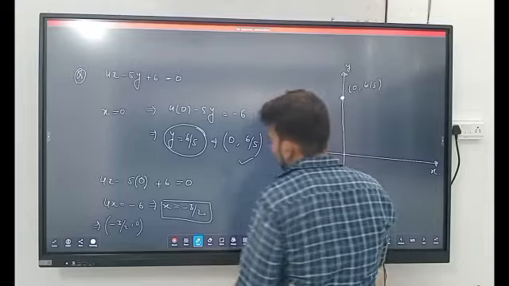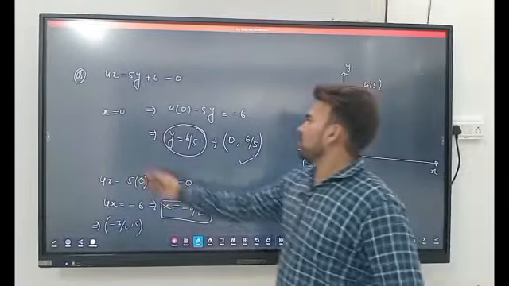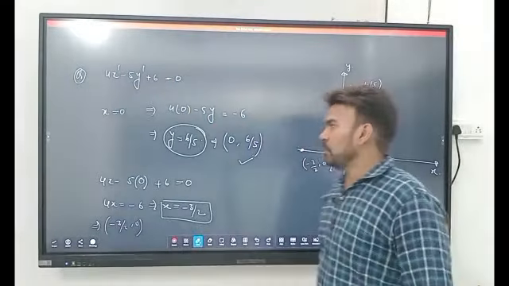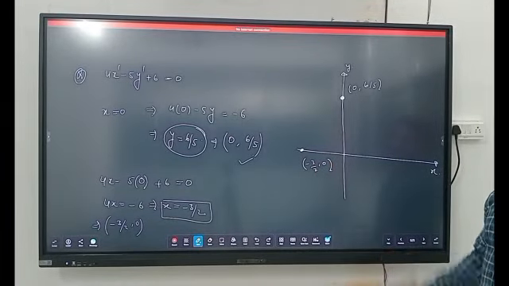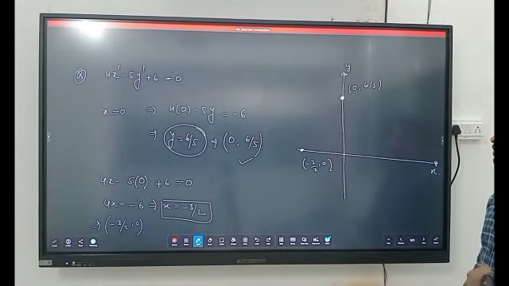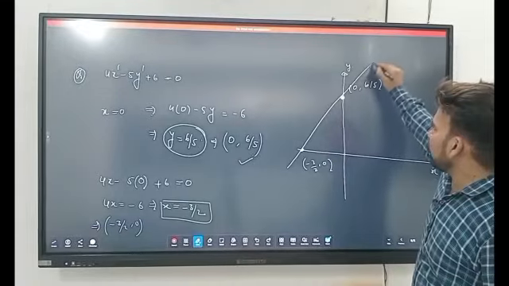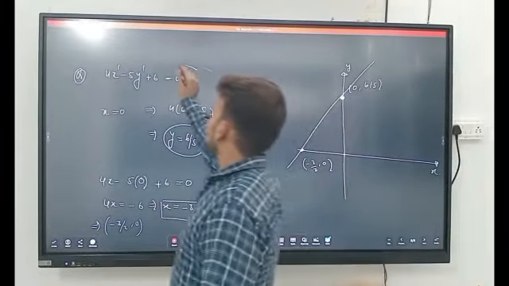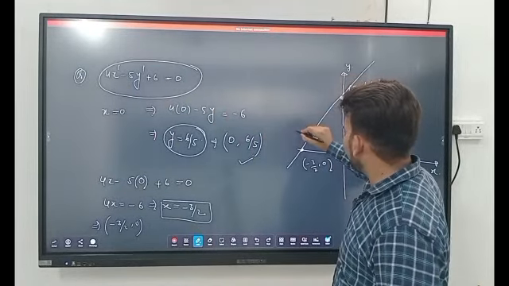If I want to draw the graph between x and y, the power of x and y both is 1, so it represents a straight line. I have already written the position coordinates of the points, so I will just join both points, and this graph will represent this line.